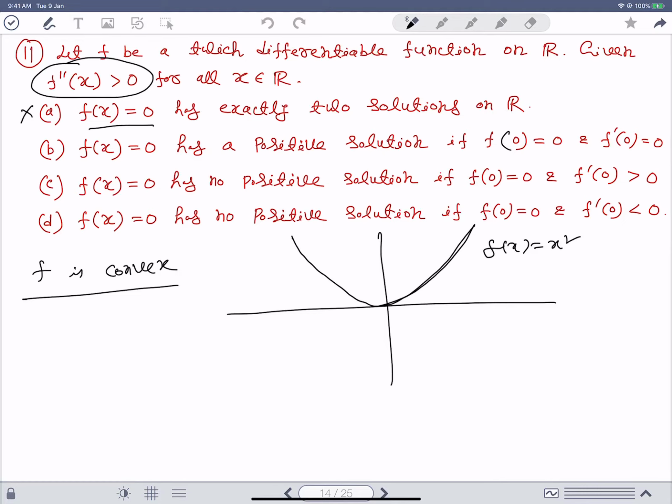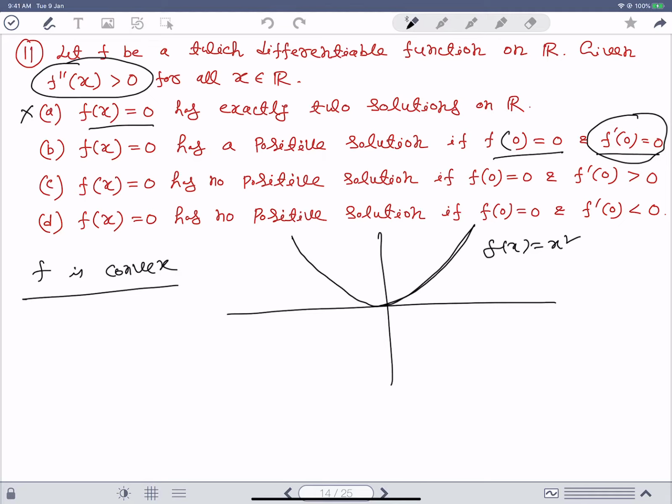Now, again the next one says if f 0 equal to 0 and f dash 0 is also equal to 0, then f has a positive solution. So it says if the value of the function at 0 is 0 and the tangent is parallel to the x axis, then it has a positive solution.